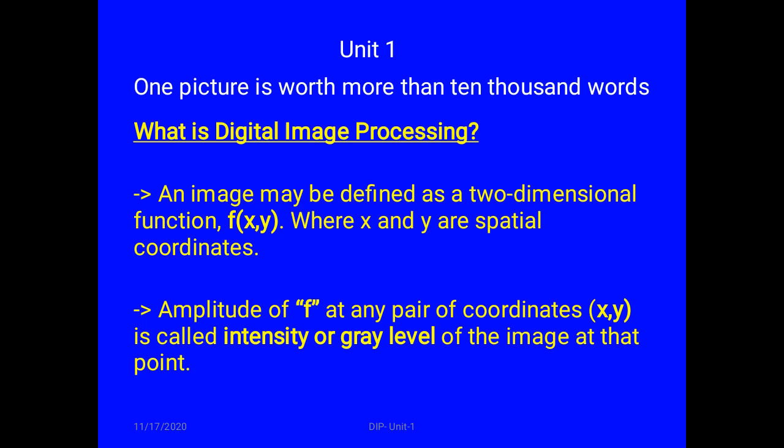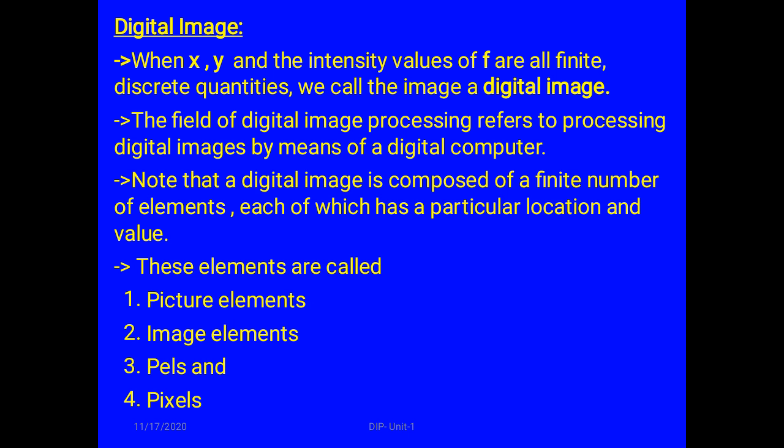The amplitude of f at any pair of coordinates (x, y) is called the intensity or gray level of the image at that point. So x and y are the spatial coordinates, and f is the gray level at that point.